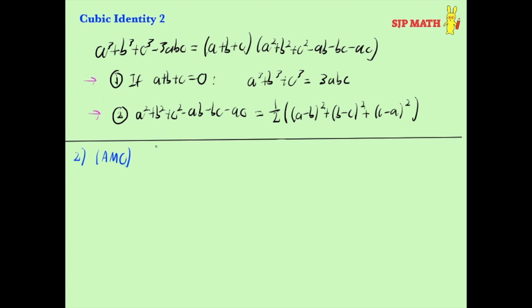So from the AMC, determine the number of ordered pairs of integers m, n. Okay, I'll just provide the information first. So m and n are integers, firstly.